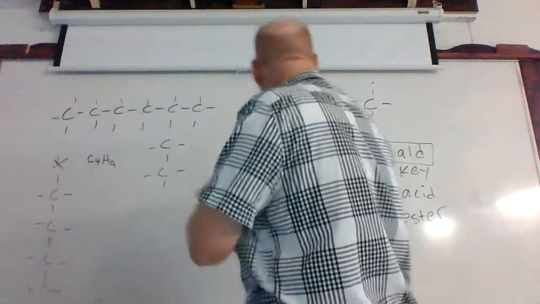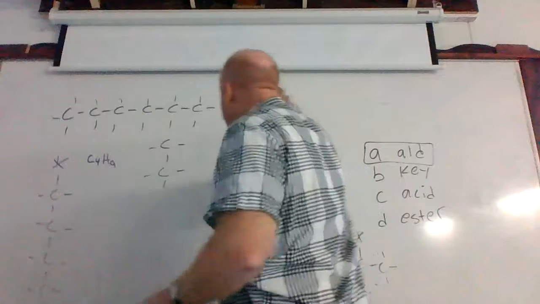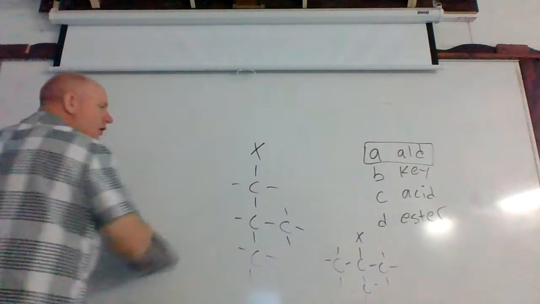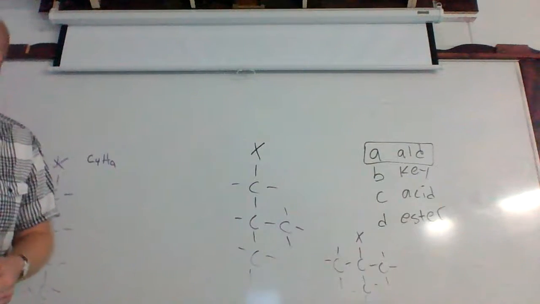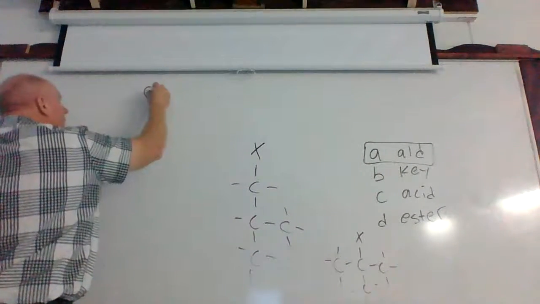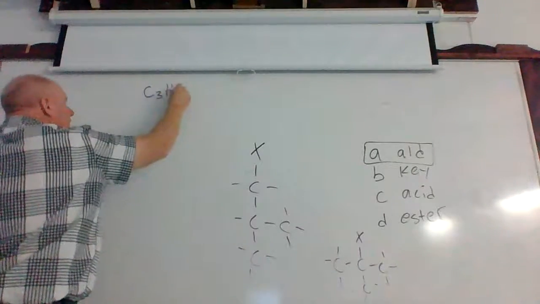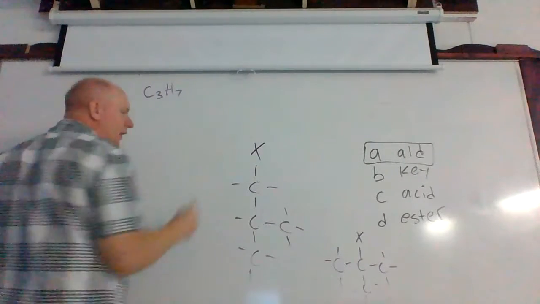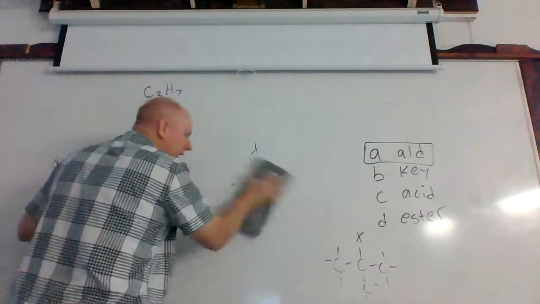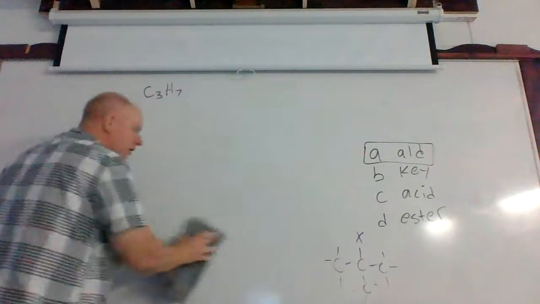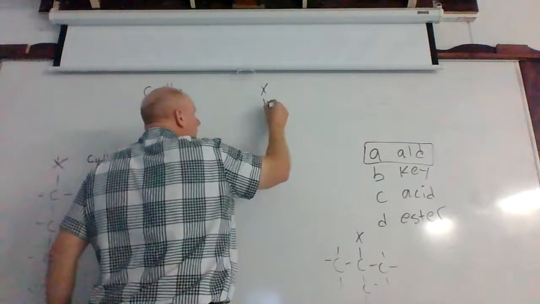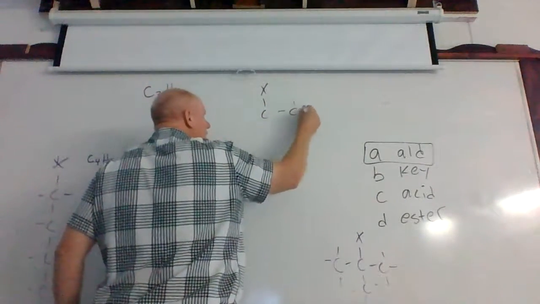What I mean by that is the first derivatives we learned were methyl, then ethyl. But if we see this, we know that that is a propyl group, C3H7. But notice you have to see the structure if it's this derivative.